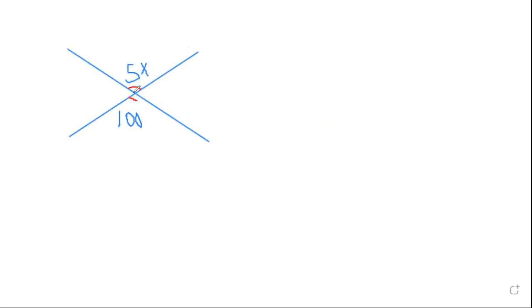Now this one will not be plus, Ibrahim. They will be equal, because we said once we have two lines intersecting together, then we have vertical angles.